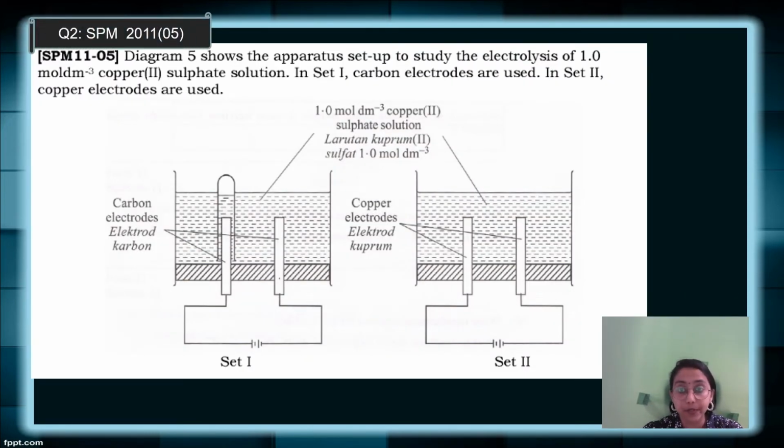Okay, let's look at this question now. One more thing I want to tell you, students, make sure you read the head of the question. Don't just jump to conclusions by looking at the setup. Try to understand the question. What is this setup about? This is to study the electrolysis of 1 molar copper(II) sulfate solution. In set 1 they use carbon electrodes, in set 2 they have used copper electrodes.